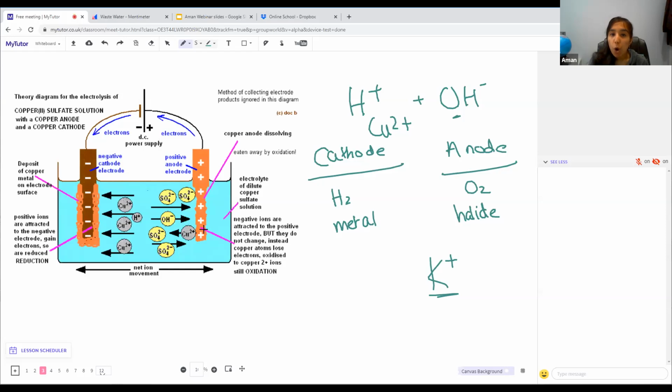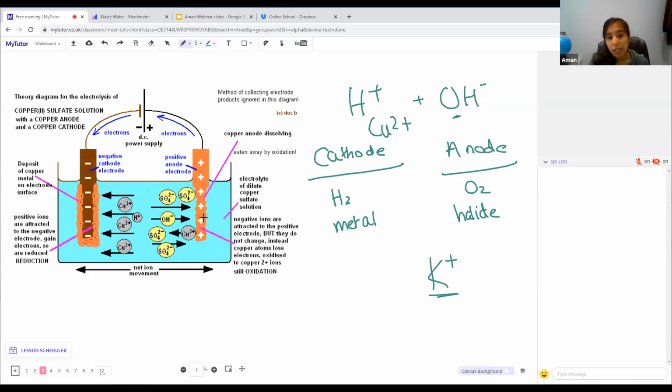But in the case of copper electrolysis, what actually happens is that the hydroxide ions and the sulfate ions are relatively stable. So they actually stay as ions, and instead the copper that makes up the anode, so the positive electrode, will tend to lose electrons to become copper ions. So this is what this over here is showing.